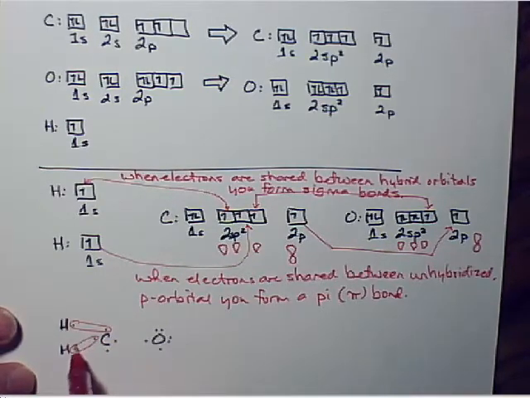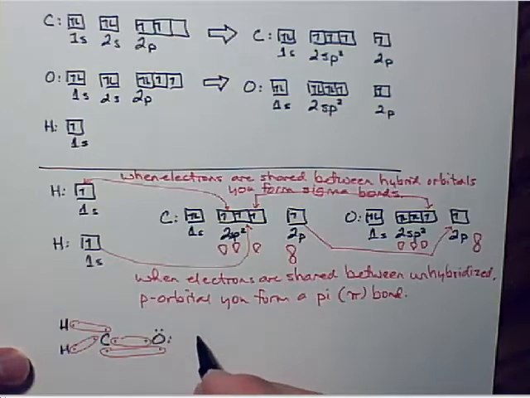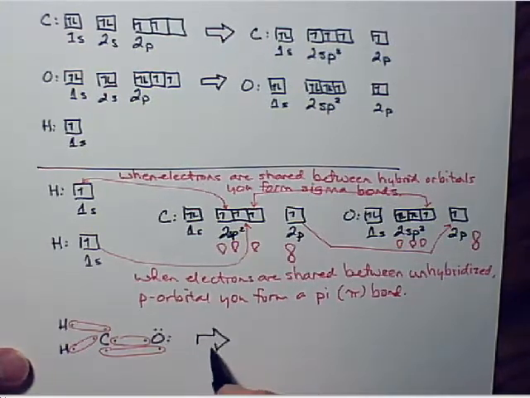So these are going to share here. These are going to share here. And then we're going to share another pair between the carbon and the oxygen. And that's the only way to get these types of atoms to the valence level of 8 electrons, that octet we're looking for here. Okay, hydrogens only want 2 electrons, but carbon and oxygen want 8 in that valence level. So we go from there to get the Lewis formula.